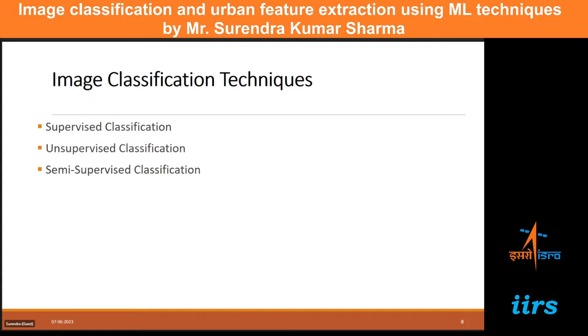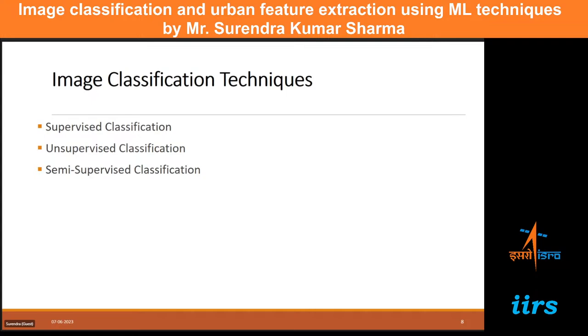Based on the labeled image, we tell the algorithm that if this type of spatial or spectral characteristic is there for this particular pixel or region, then it will belong to a particular class. It will belong to built-up, or it will belong to the class vegetation. So input is there, output is there, and based on input and output availability, the algorithm learns that if this type of scenario comes, then this will be the output.